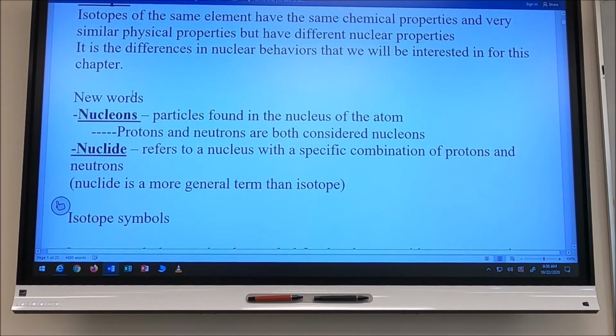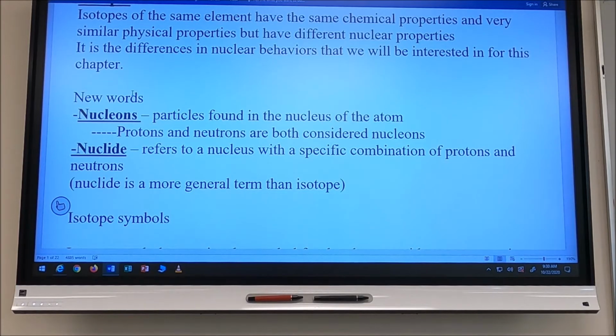Okay? Now, some words to add to our vocabulary. I know you don't want your vocabulary to grow anymore, but we just gotta. Okay? Nucleons. Particles found in the nucleus of an atom. So protons and neutrons as a group are considered nucleons. A nuclide refers to a nucleus of a specific combination of protons and neutrons.